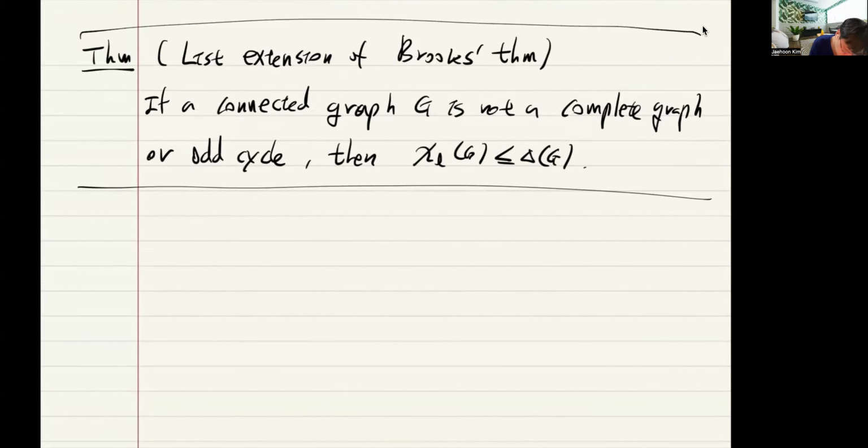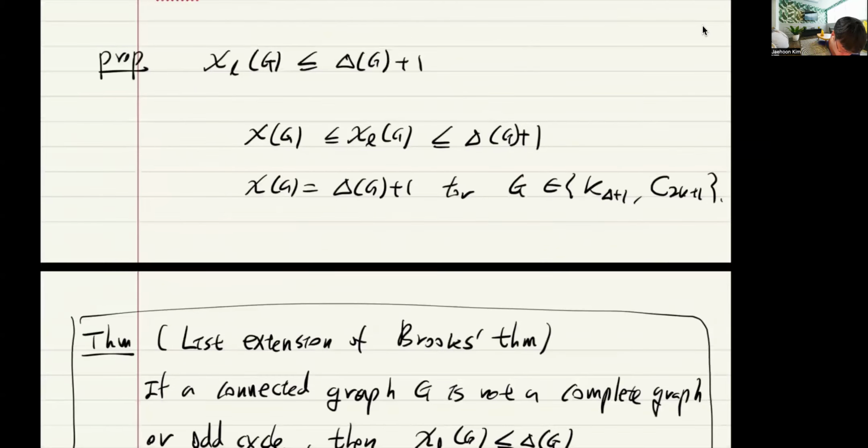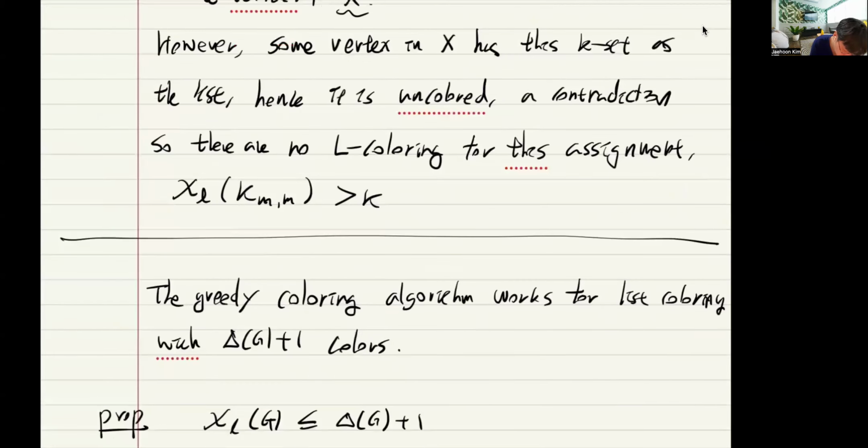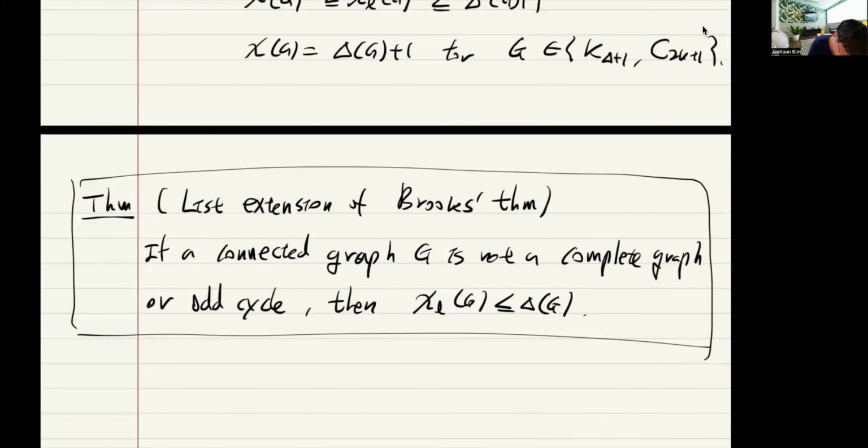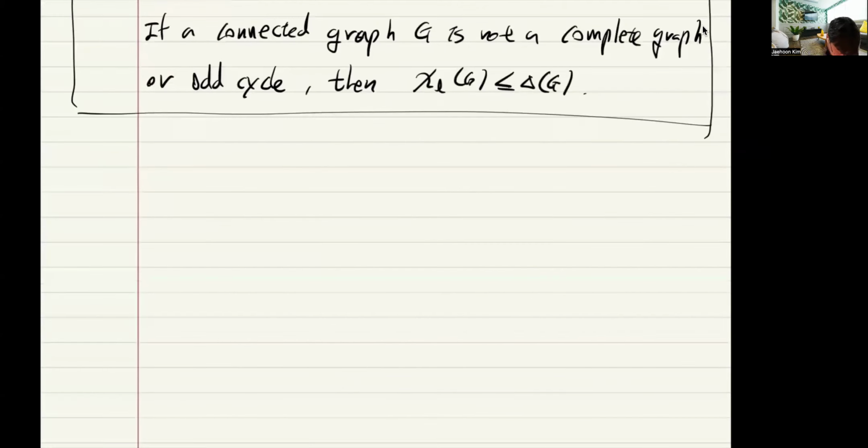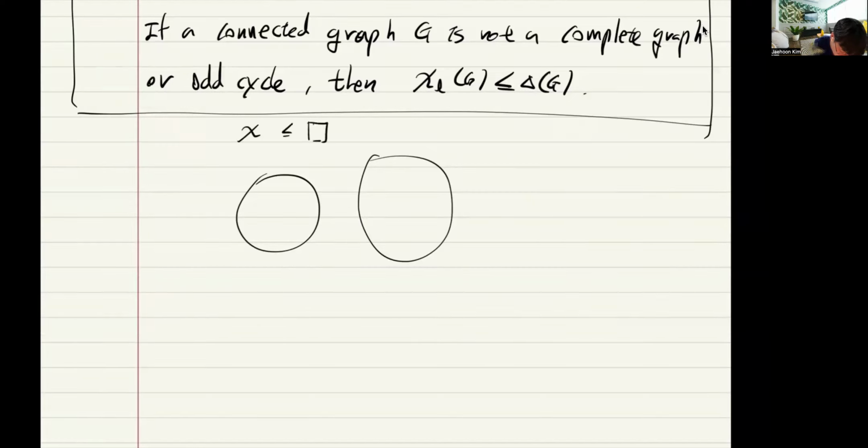In order to prove this, let me just give you some idea on why this list coloring is useful to deal with this kind of problem. If you have a graph, and you want to show that its chromatic number is at least something, so let's say K colors are available.